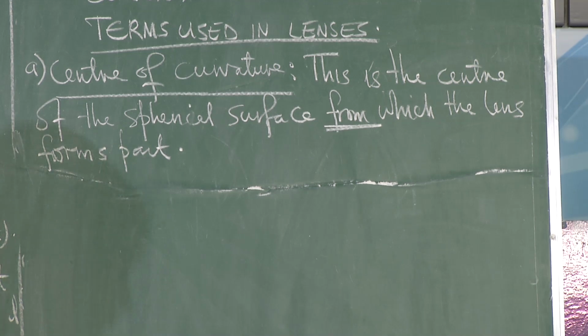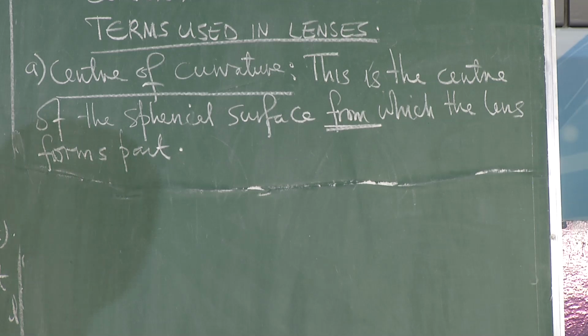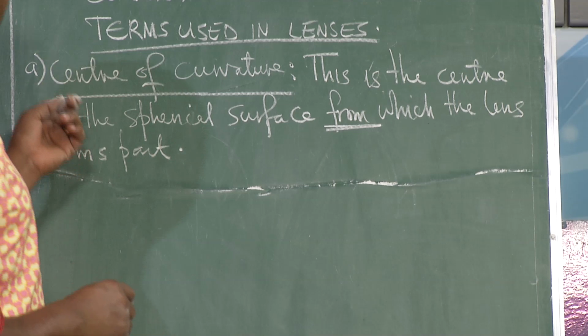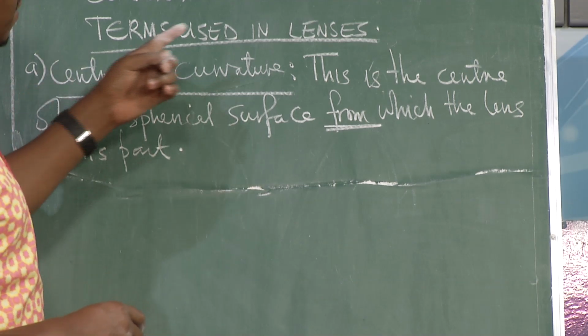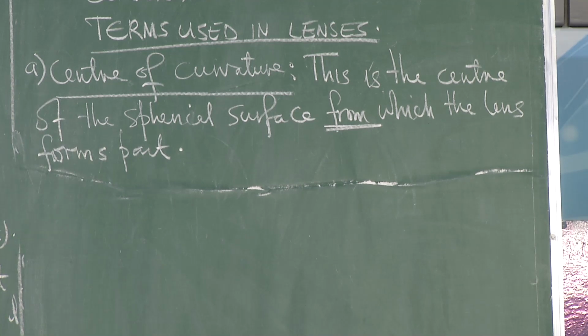Sometimes it can be defined in plural, and we say that these are centers of the lens or of the spherical surfaces from which the lens forms part. If they say centers of curvature, but if it is center, we define it in singular as one center.